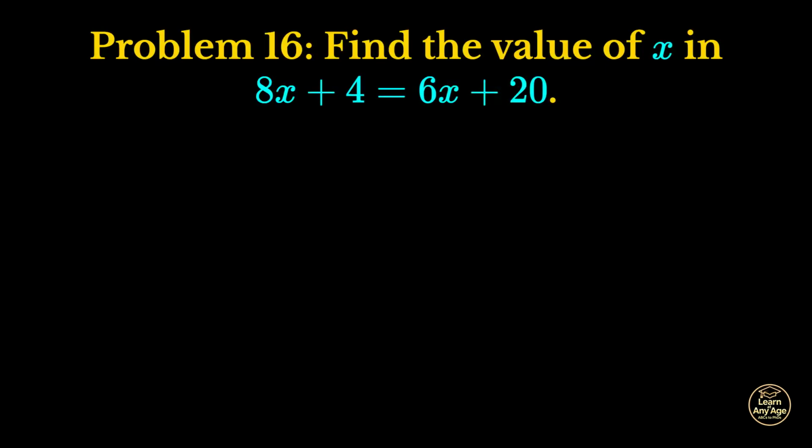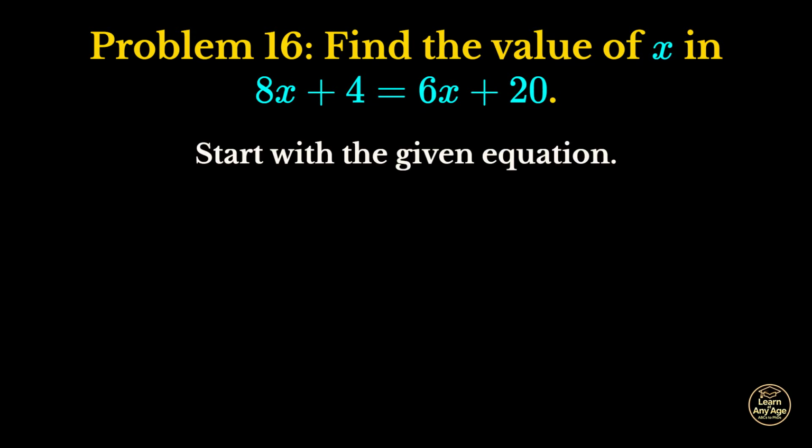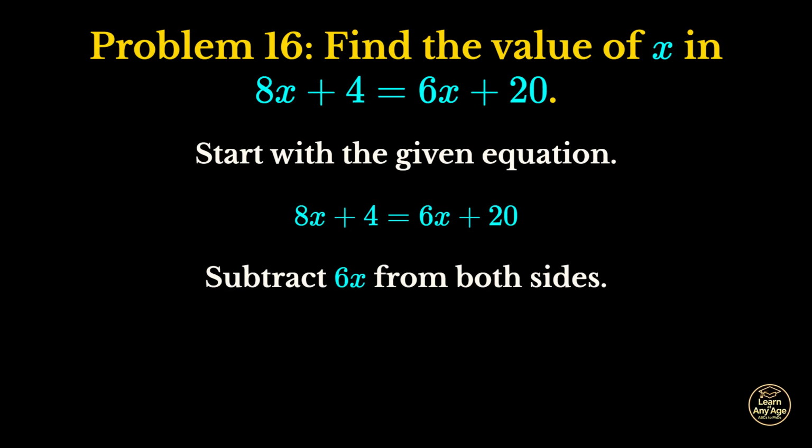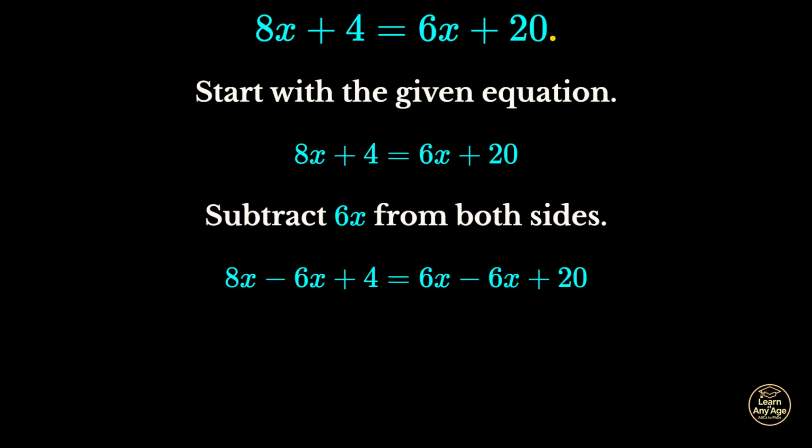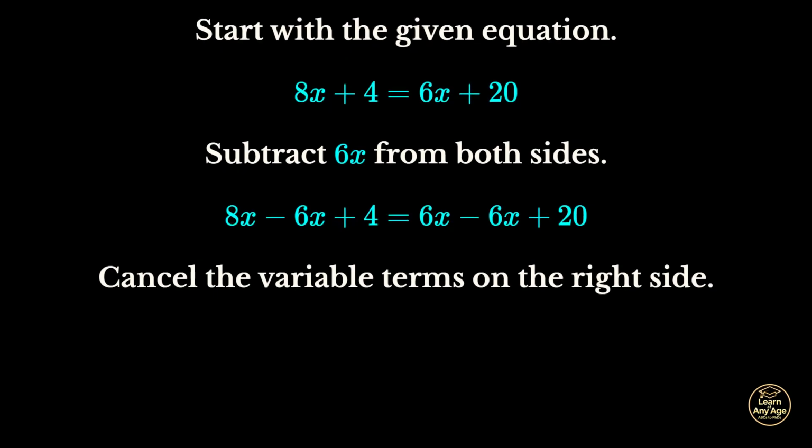Problem 16. Find the value of x in 8x plus 4 equals 6x plus 20. Start with the given equation. 8x plus 4 equals 6x plus 20. Subtract 6x from both sides. 8x minus 6x plus 4 equals 6x minus 6x plus 20.